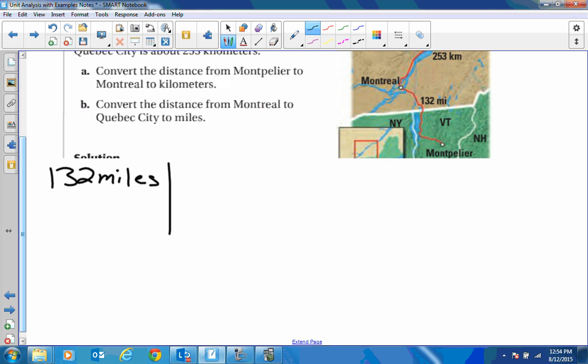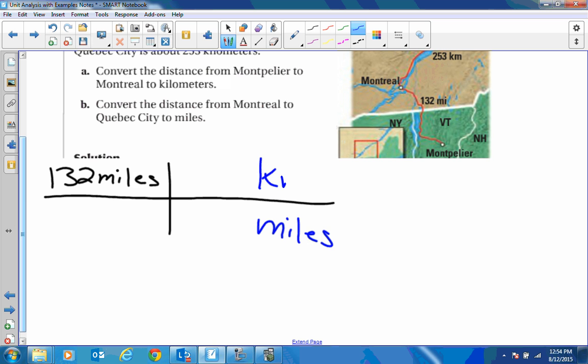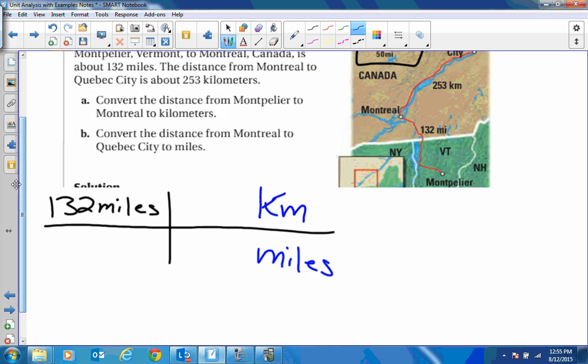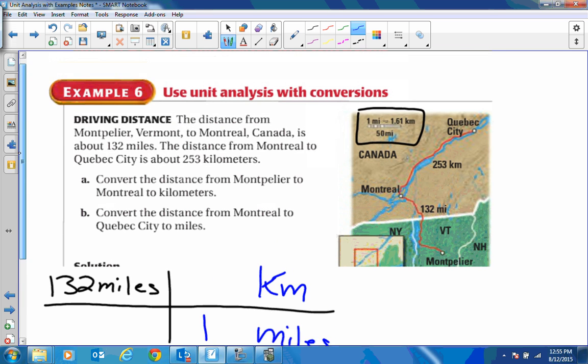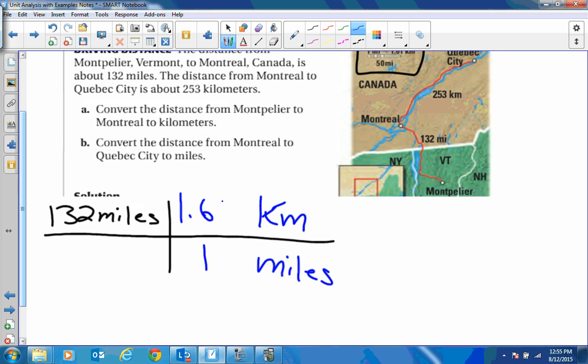Okay. And since miles is on top, we want miles on the bottom. And we want to change to kilometers, so we put kilometers on top. The conversion factor is 1 mile for every 1.61 kilometers. So now our miles cancels out.